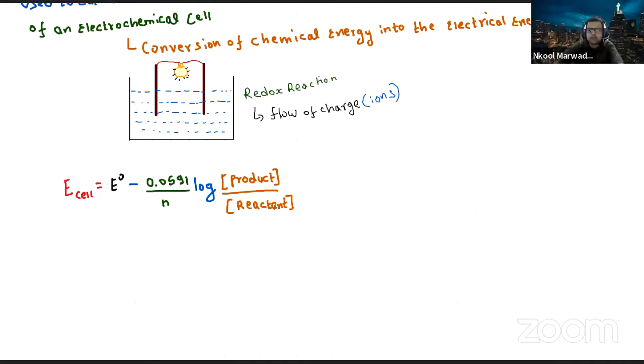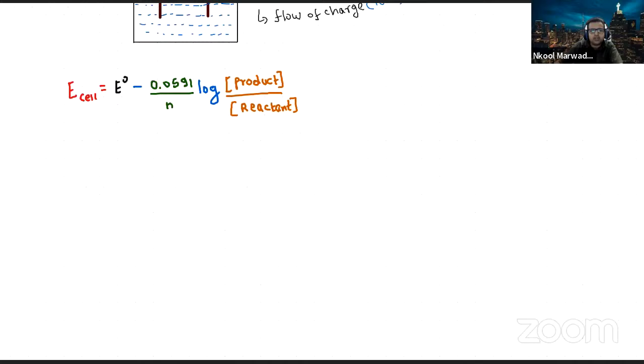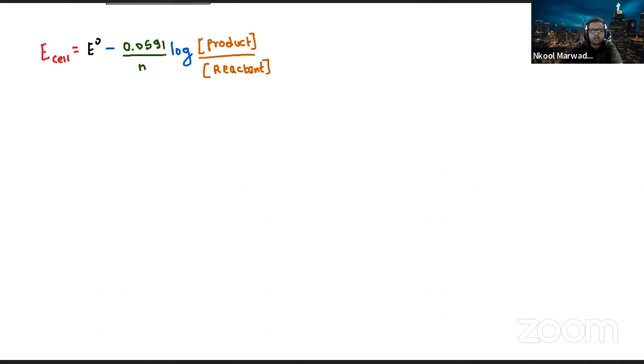Now let us look at the derivation. Now this is the Nernst equation. Let us try to derive this.